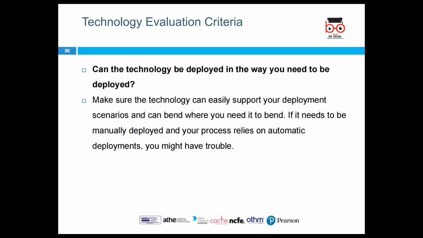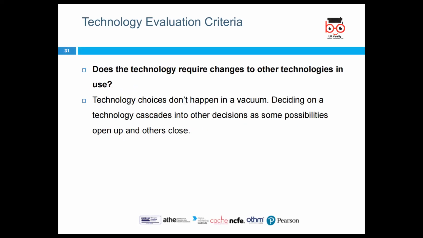Another good question will be: can the technology be deployed in the way you need it to be deployed? It is important to know how easy it is to launch our new software on the market, and what type of obstacles we might encounter when it comes to deploying on the web.